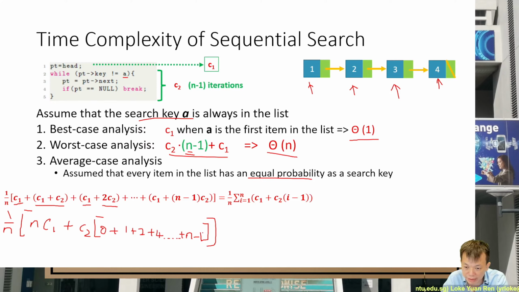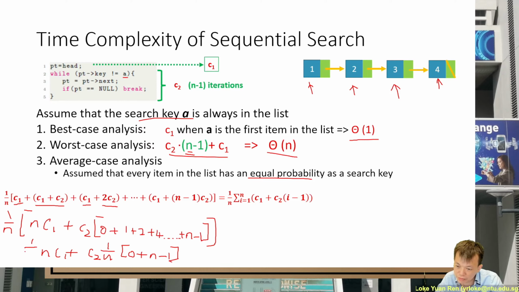So this series, what is the summation? I have n terms. The first term is 0. The last term is n minus 1. Then C2 plus C1. So this one is n, 1 over n.